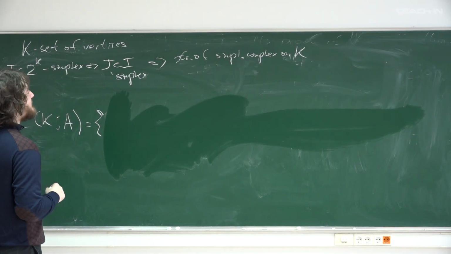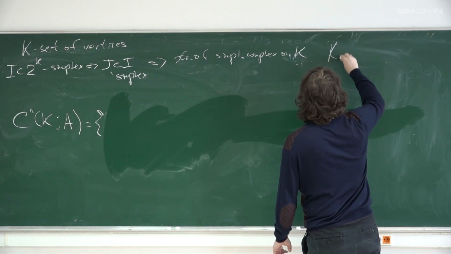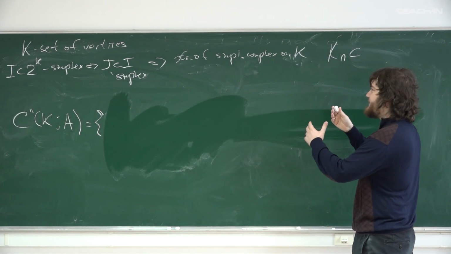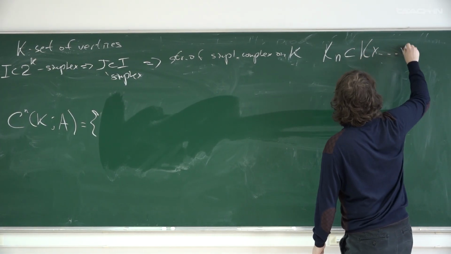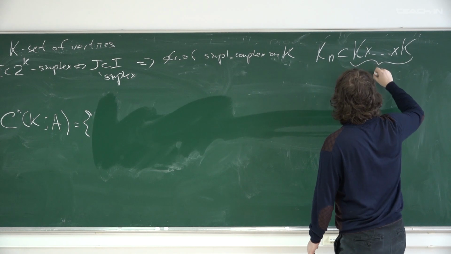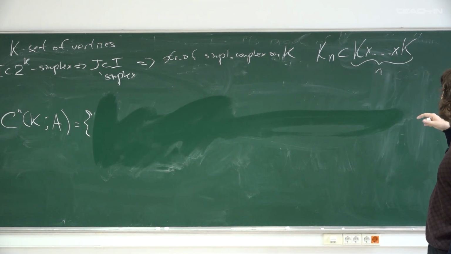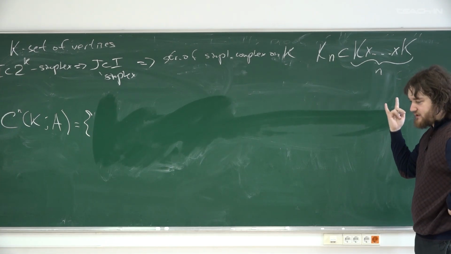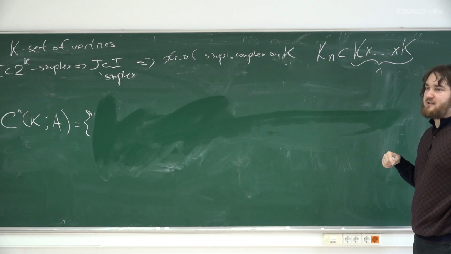It's nonsense. Let me define K_n. It's a subset of n-simplices: ordered tuples of vertices of simplices of my simplicial complex.